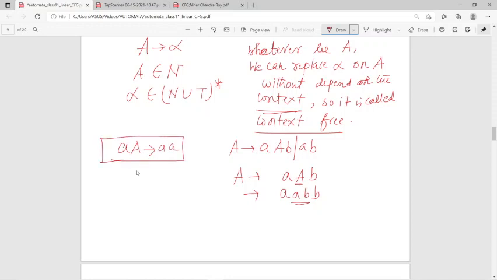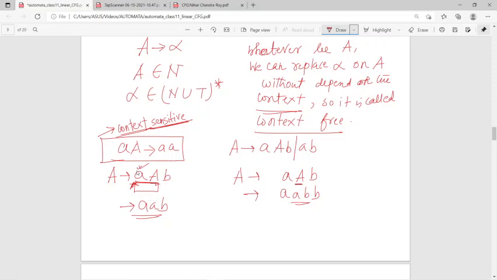If the production rule is written like that, then depending on the context, whenever there is A, I have to see the previous letter. That means I have to see the context, and if the context matches, only then can we replace it. So this is called context sensitive. If the rule is written like that, we will see it later. That is context sensitive language, which depends on the context.